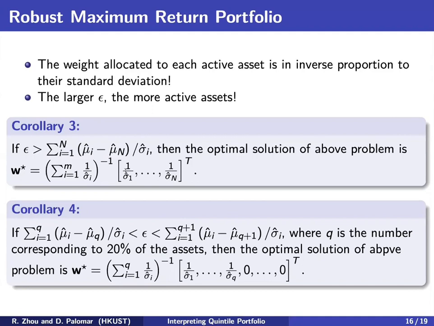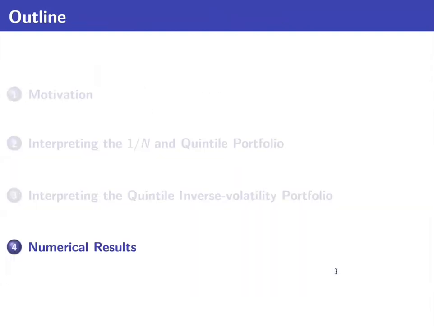The difference is the weight is adjusted according to their standard deviation. And if epsilon, the estimation error, is bounded by some numbers, then we will get the quintile inverse volatility portfolio, where the first 20% of assets will be active, and the weights are inversely proportional to the standard deviation.